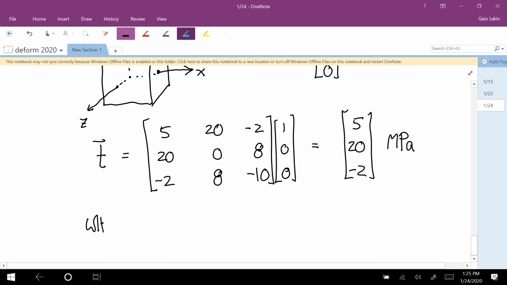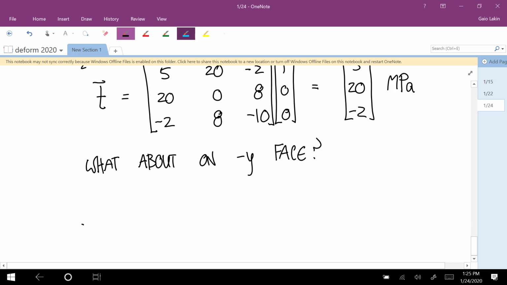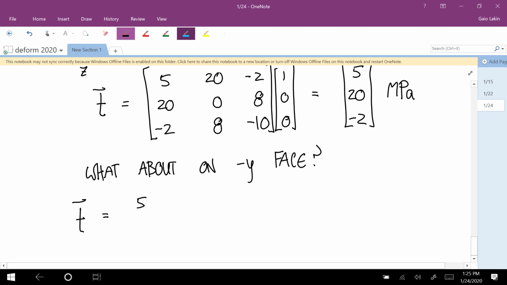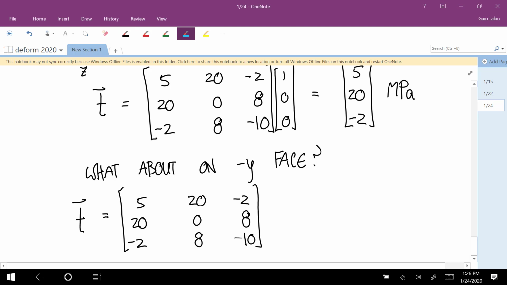So what about on the negative y face? We're going to take the same stress tensor, 5, 20, negative 2, 20, 0, 8, negative 2, 8, negative 10. And we're going to multiply that by the outward facing normal for the negative y face.